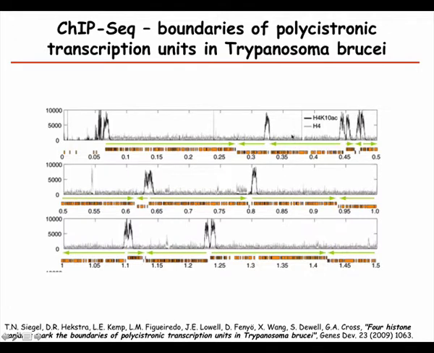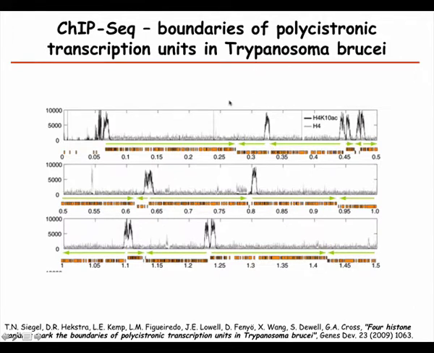What we can see very clearly in this case is that histone H4 acetylated at lysine 10 is very much enriched at the starts of these polycistronic transcription units. So this is one level up.